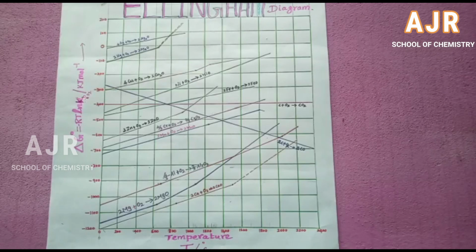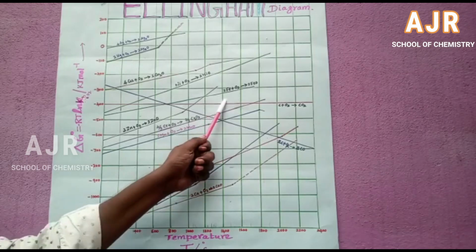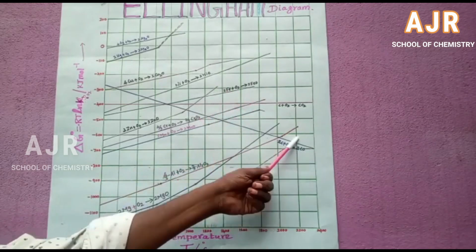Now let me explain the thermodynamically favorable condition for the reduction of iron oxide by carbon. Look at the thermodynamic favorable condition for the reduction of iron oxide by carbon.